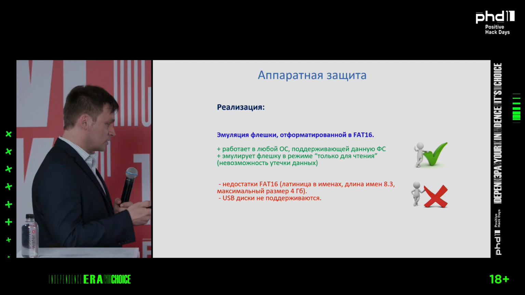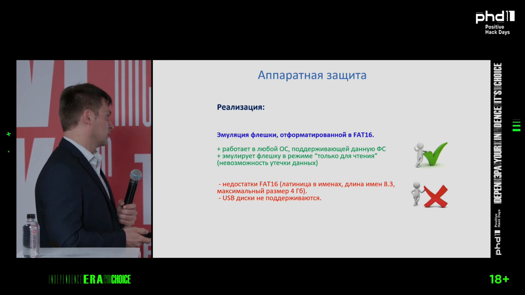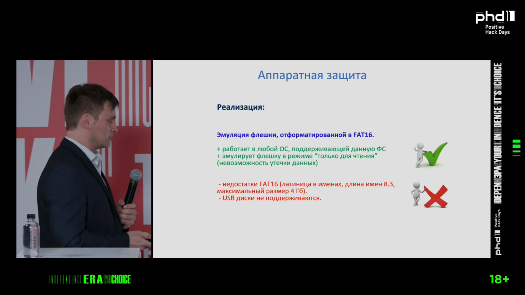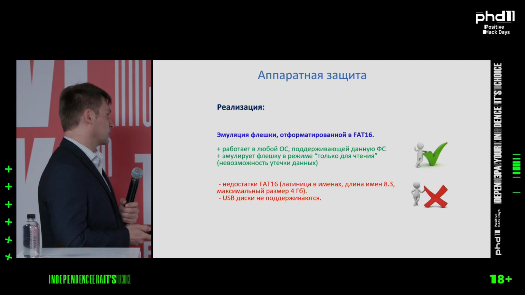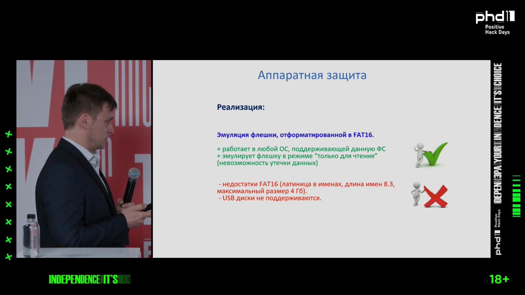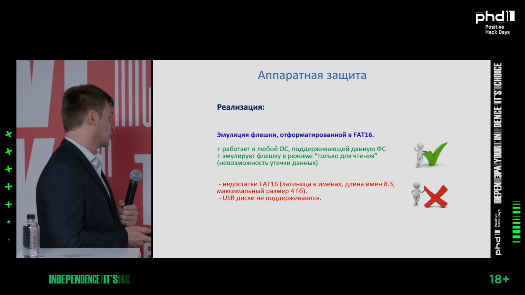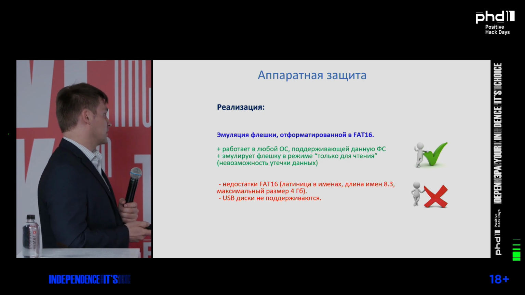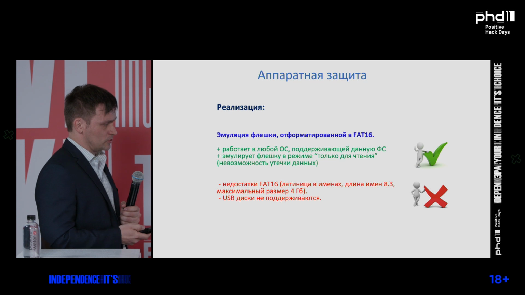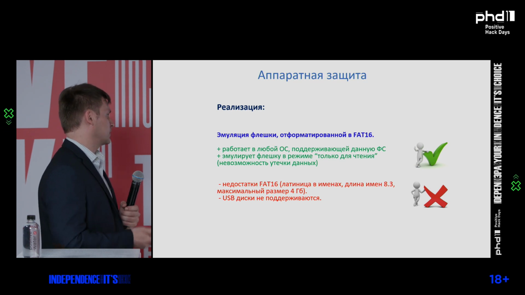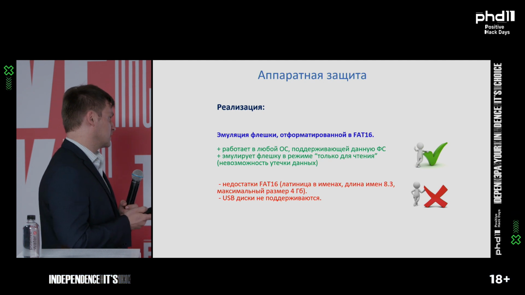It's a direct gateway for USB. But of course, we have all of the deficiencies of FAT16. We cannot use Cyrillic names, and the file name length is 8 characters plus 3 for the extension. And the maximum size is only 4 gigabytes, so large USB drives are not supported.